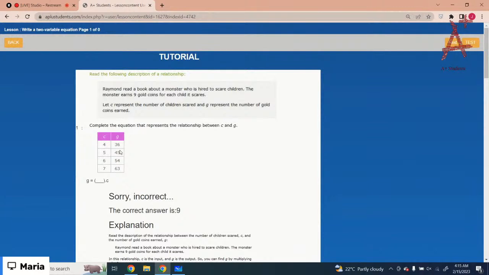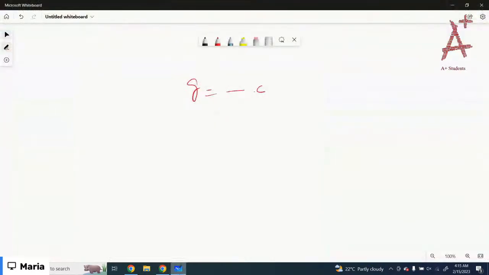If you see the relationship between these values, they all are multiples of 9. Like 4 times 9 is 36, 5 times 9 is 45, 6 times 9 is 54, and 7 times 9 is 63. That means all these C values are multiplied by 9 to calculate the values of G. So it would be G equals 9 times C.